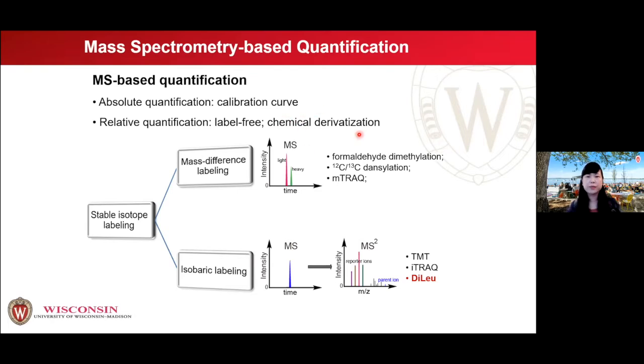Since this is an isotope day, I thought it's pretty appropriate to focus on stable isotope labeling approaches. Within this, again, two big categories: the mass difference labeling, which oftentimes relies on incorporating light or heavy isotopes, encoded by metabolic labeling or chemical labeling. So you have MS1-based quantification, looking at area under the curve.